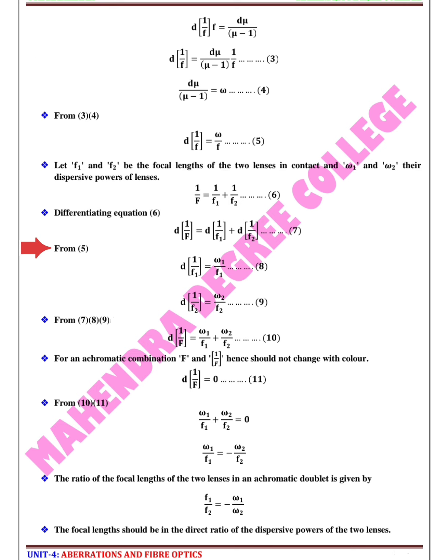Applying equation 5 to each lens gives differential of 1 by f1 equals omega 1 by f1. This is equation number 8, where f1 represents the focal length of the first lens and omega 1 represents the dispersive power of the first lens.